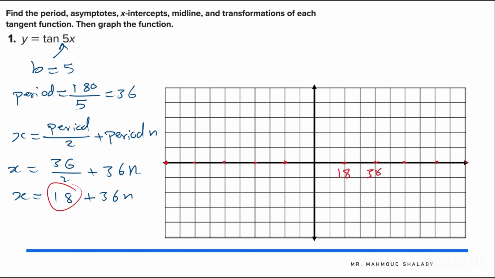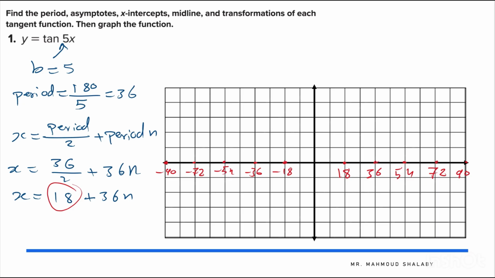Every time we add 18, so the next number here will be 54, then adding 18, it will be 72, then adding 18, it will be 90. On the other side, negative 18, negative 36, negative 54, negative 72, and negative 90.